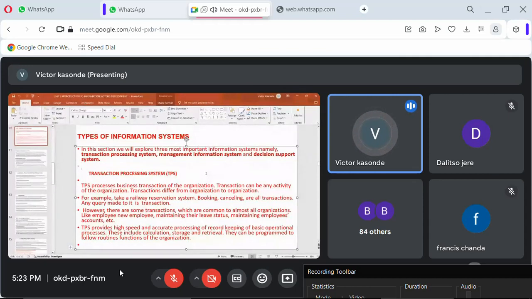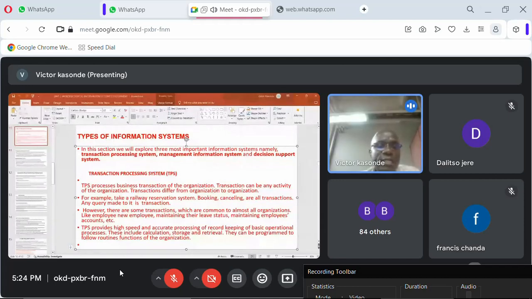If you go in the bank sector, those people on the front line are the ones who use what we call TPS, the transaction processing system.